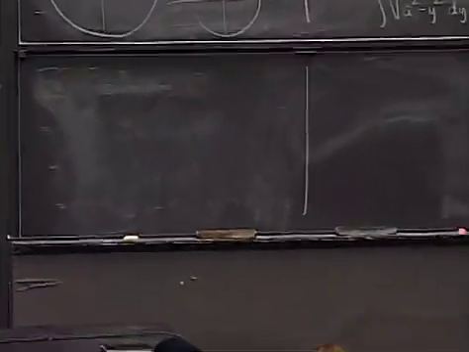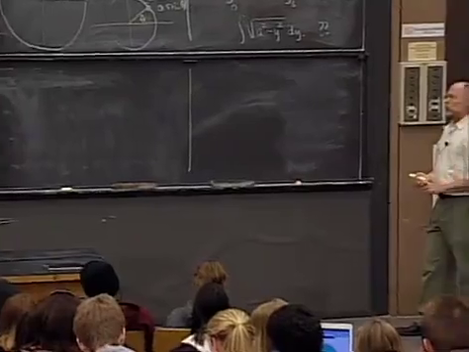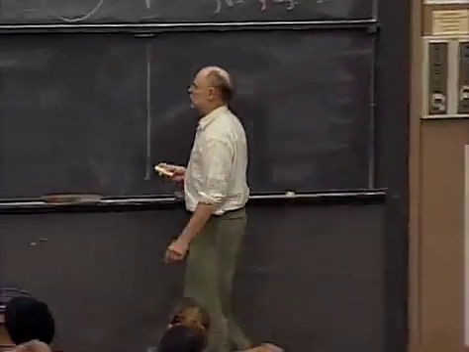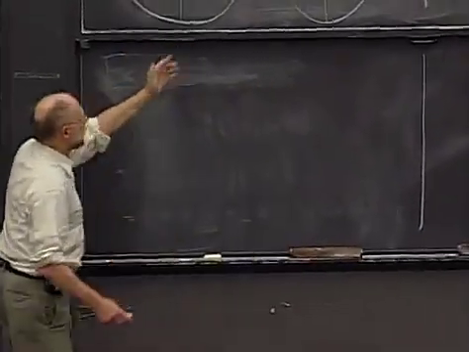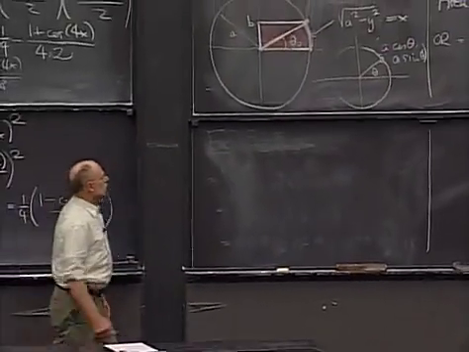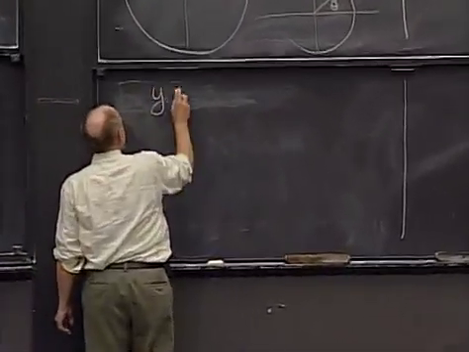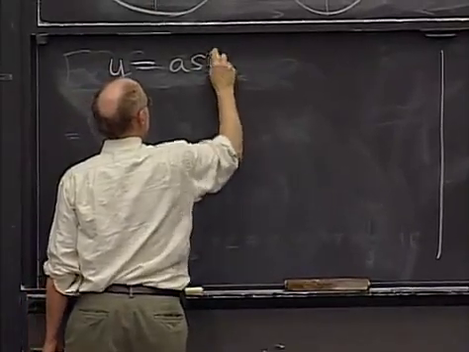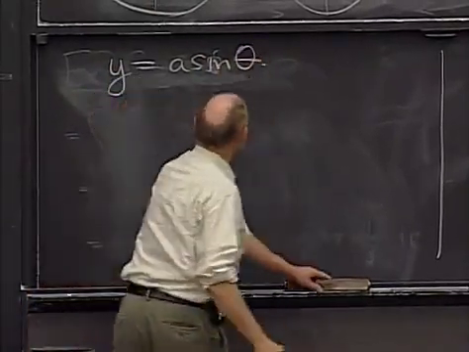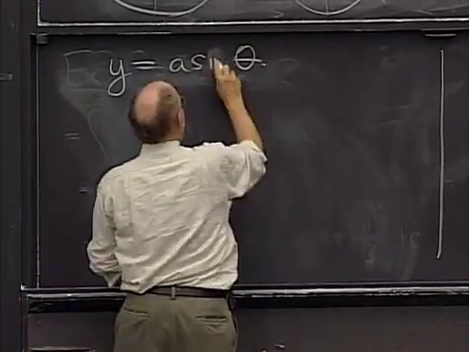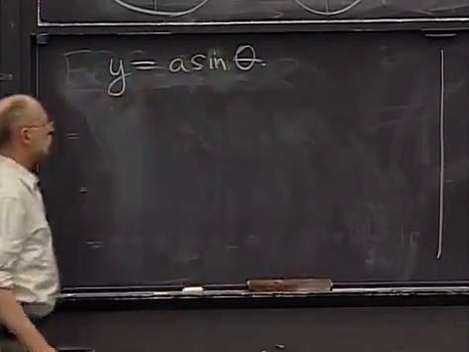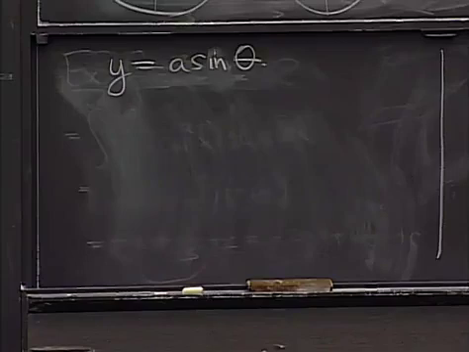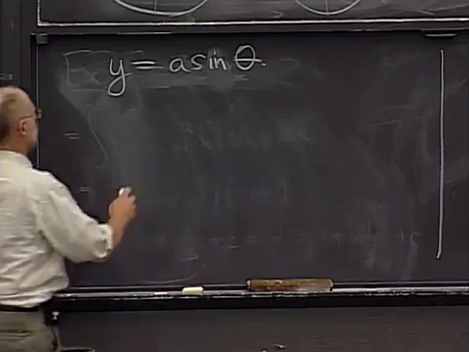So x is a cosine theta, and y is a sine theta, just from looking at the geometry of the circle. So let's make that substitution. Y equals a sine theta. I'm using the picture to suggest that maybe making this substitution is a good thing to do. Let's follow along and see what happens.